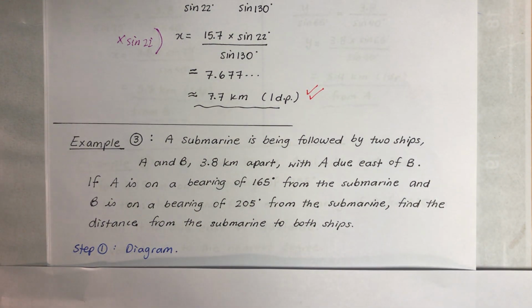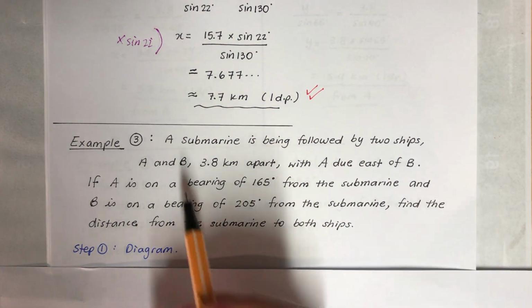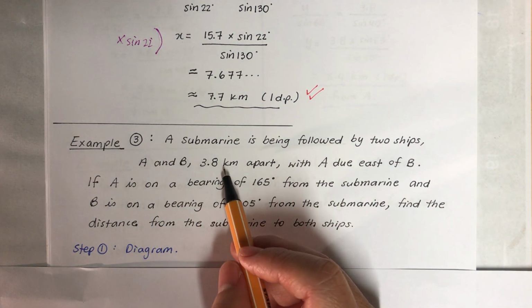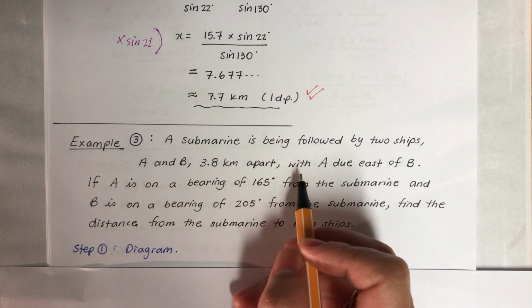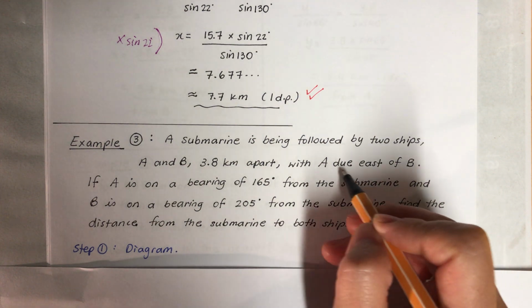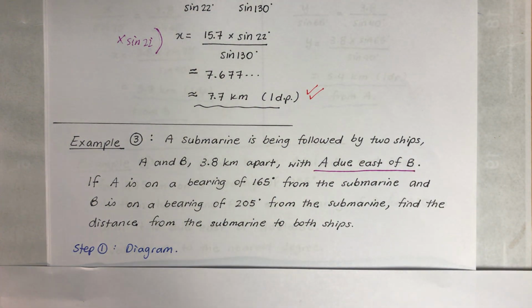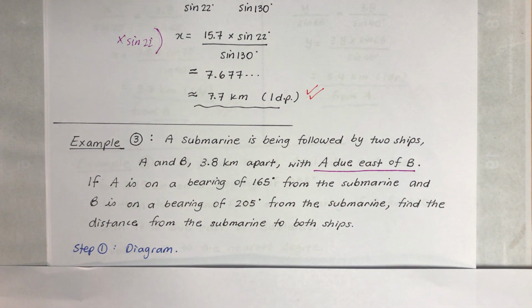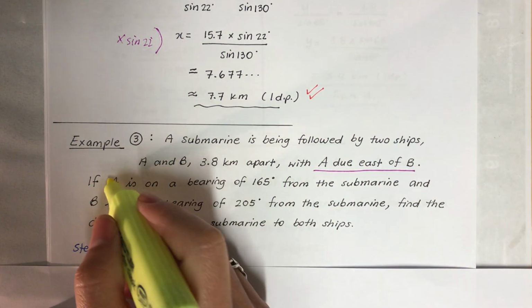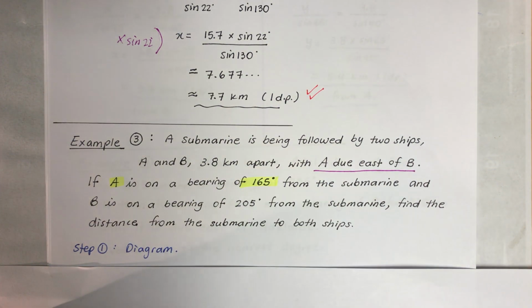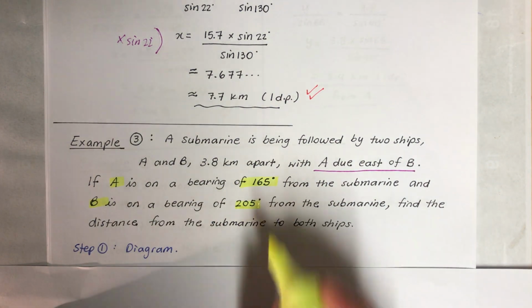A submarine is being followed by two ships, A and B, 3.8 kilometers apart, with A due east of B. Okay, so that's something you have to be careful about. A is on a bearing of 165, so again, I'm going to put that one in there. And then B is at 205.